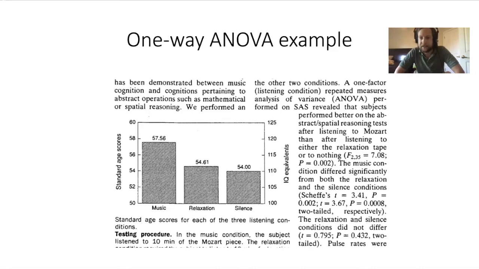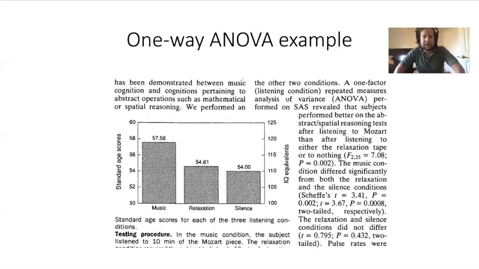And in the silence condition, you just sat by yourself for 10 minutes, not doing anything. So we have these three conditions: listening to Mozart, listening to a relaxation tape, or sitting in silence doing nothing. In each case, you're doing something for 10 minutes, but there were different things that you were doing.